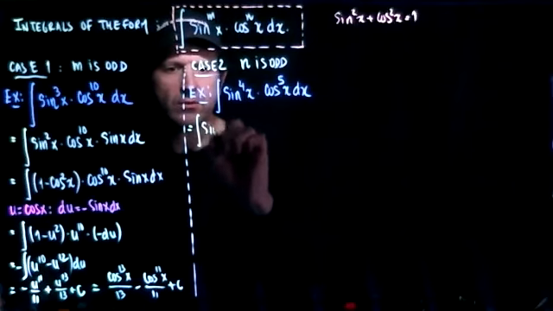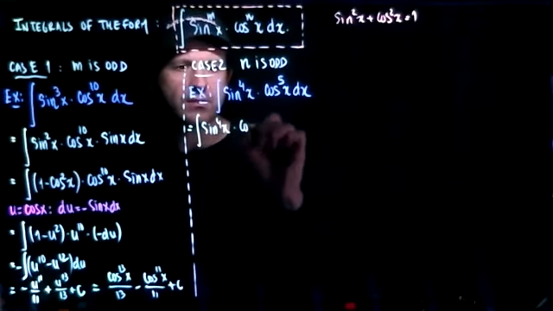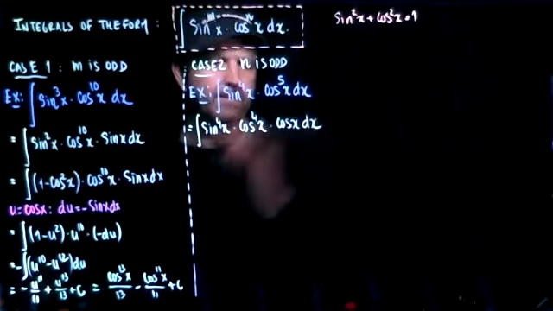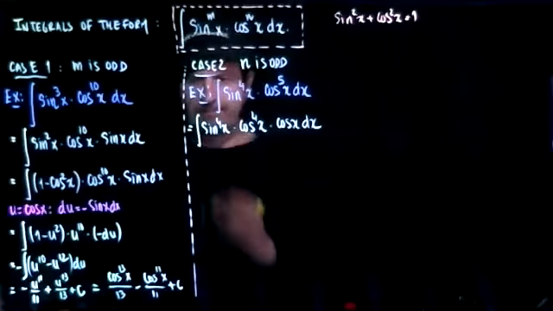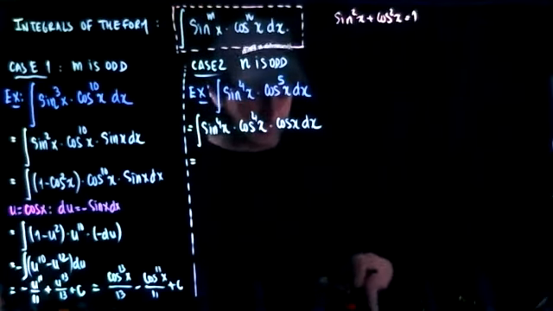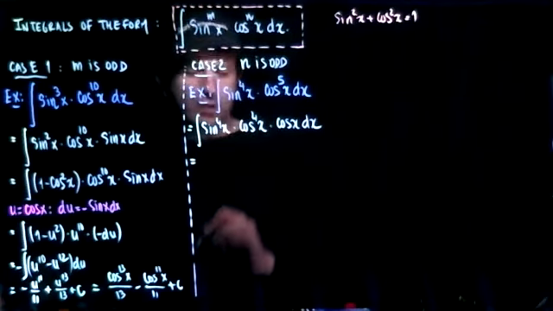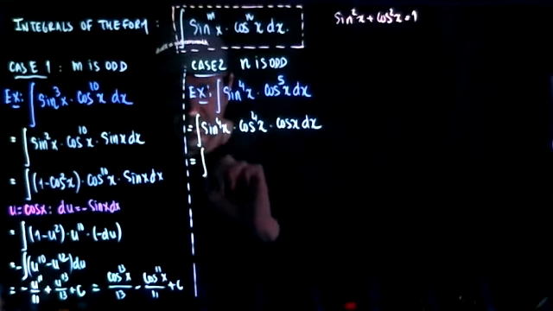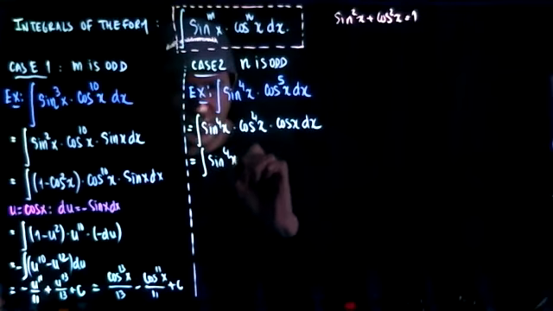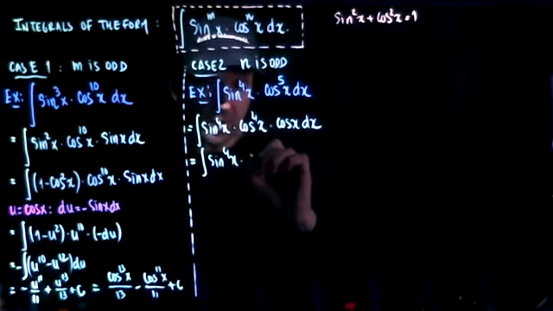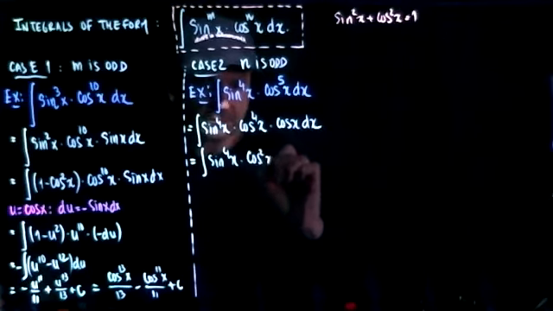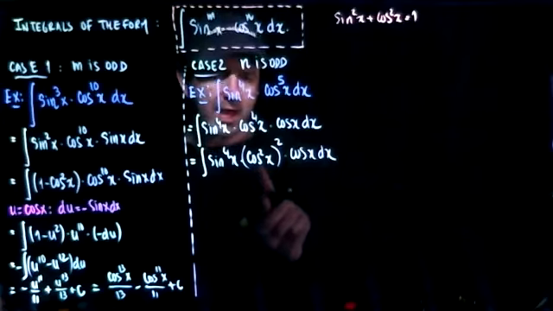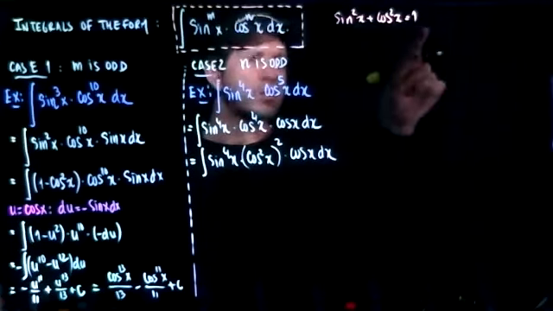So the integral of sine^4 x cos^4 x times cos x dx equals sine^4 x times cos squared squared times cos x dx, and cos squared is 1 minus sine squared.